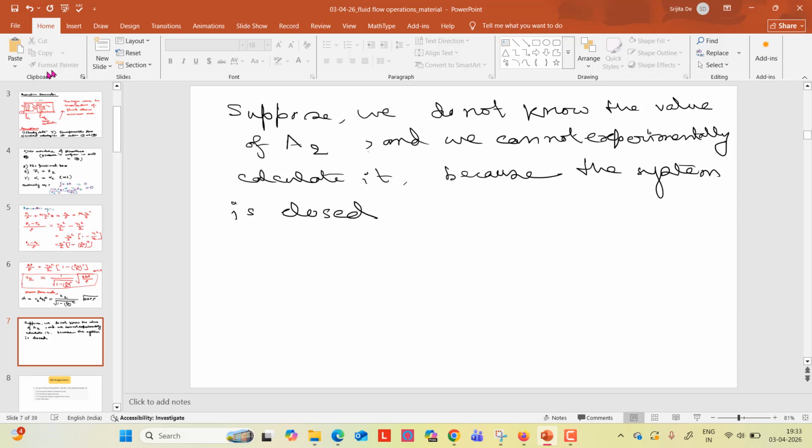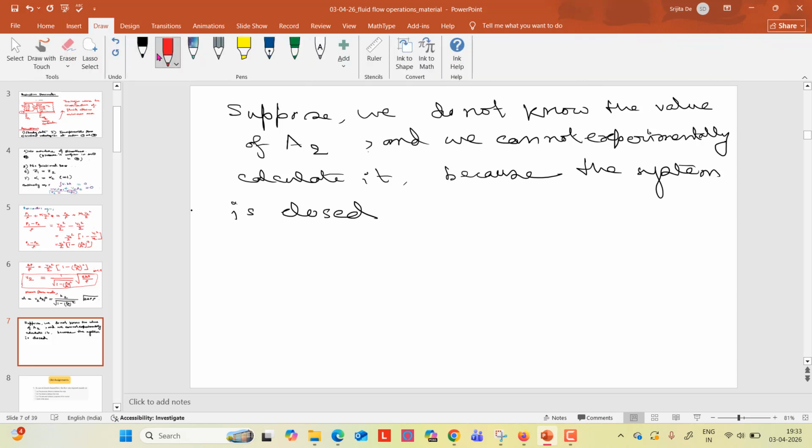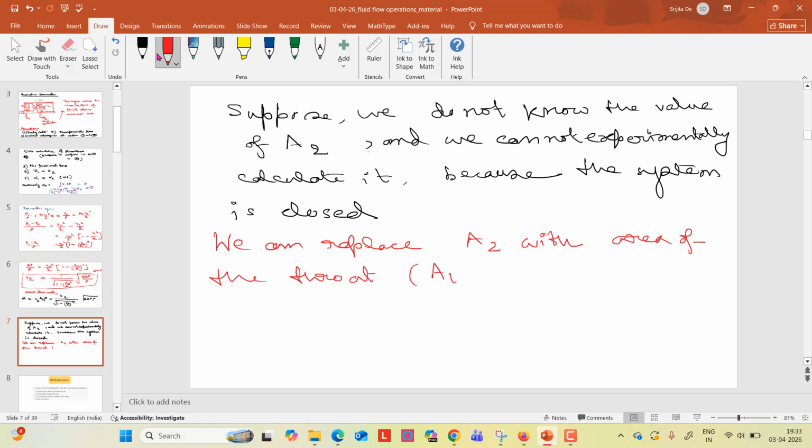We can replace A2 with the area of the throat, that is nothing but AT, which I have drawn earlier, right?